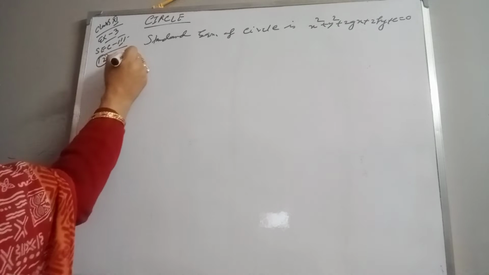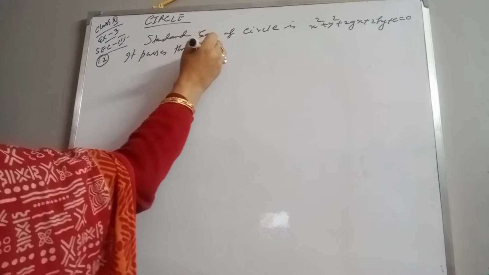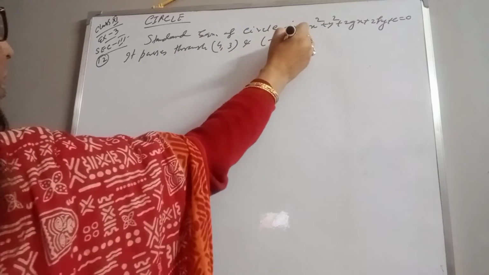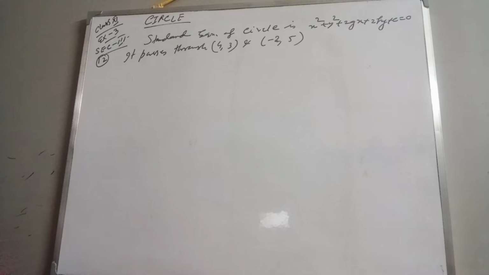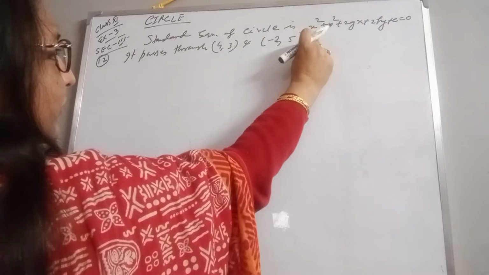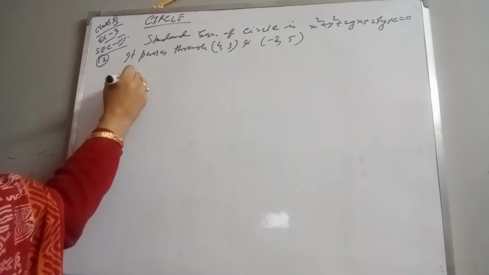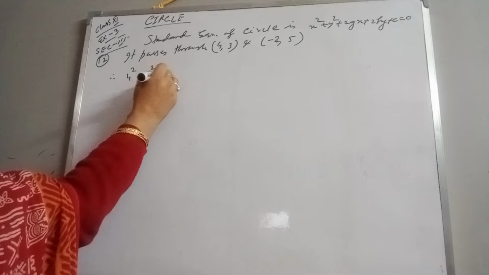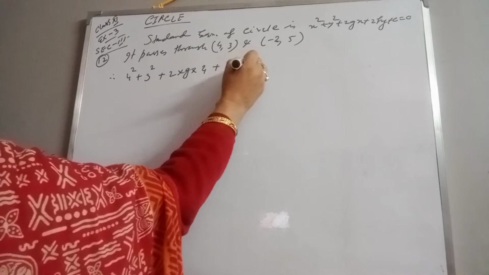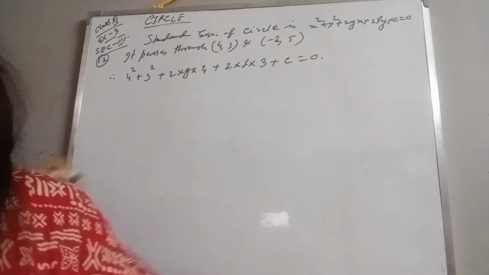Now it passes through the points (4, 3) and (-2, 5) respectively. When it passes through (4, 3), let us put x equal to 4 and y equal to 3 in this equation. Therefore, what we will get: 4 square plus 3 square plus 2 into g into 4 plus 2 into f into 3 plus c is equal to 0.